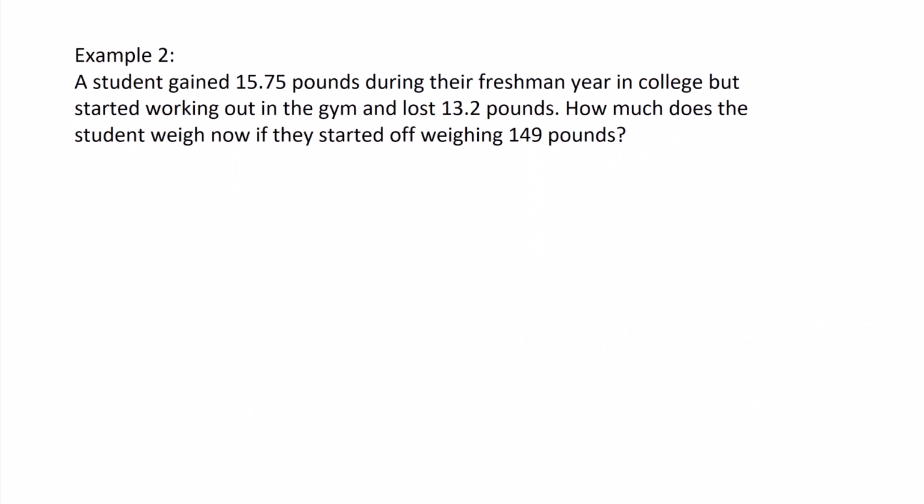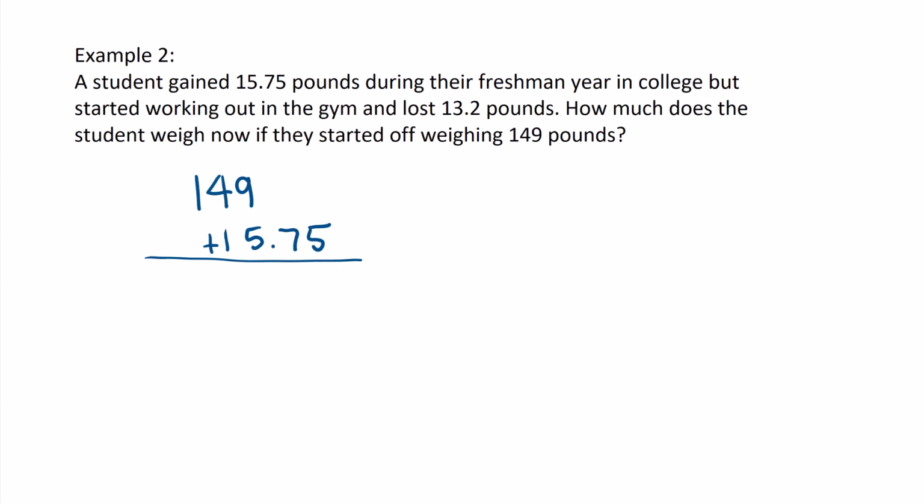In example 2, a student gained 15.75 pounds during their freshman year in college, but started working out in the gym and lost 13.2 pounds. How much does the student weigh now if they started off weighing 149? Let's go ahead and list their original weight, 149, and let's add 15.75 to that weight.